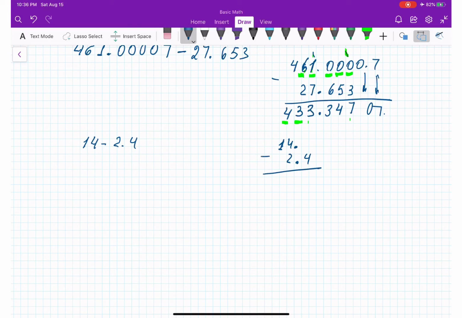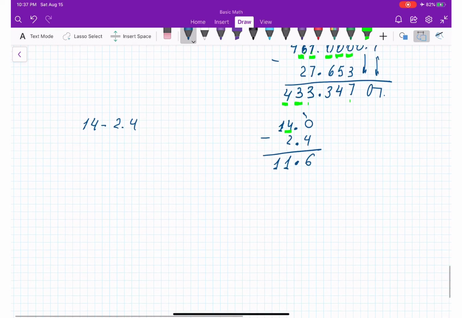Now, when we need to subtract, from which number do we subtract 4? I have to add here 0. So 0, I cannot subtract 4, therefore I'm going to borrow from this 4. I will get 10 minus 4 is 6. Here I have left 3, right? Instead of 4, I have left 3. 3 minus 2 is 1, and here is 1.